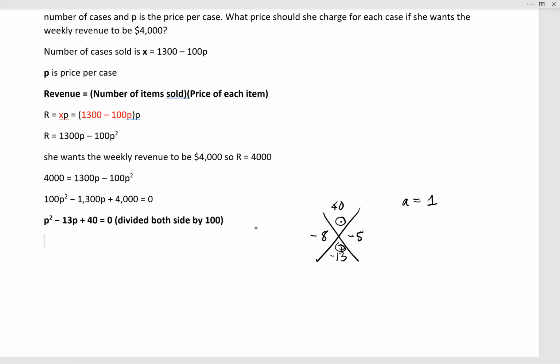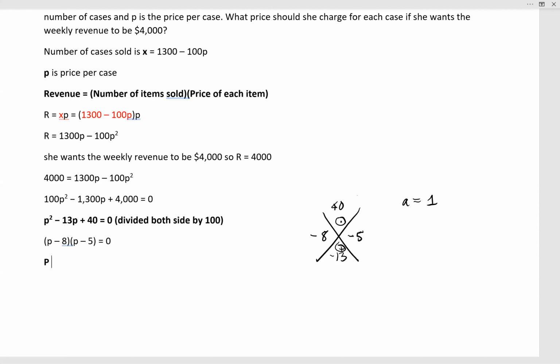Because in this case a equals 1, I can rewrite it as (p minus 8) times (p minus 5) equals 0, okay? So I can derive the factors because a equals 1. Now apply the zero factor property in college algebra. You should know that each factor here should be equal to 0, okay?